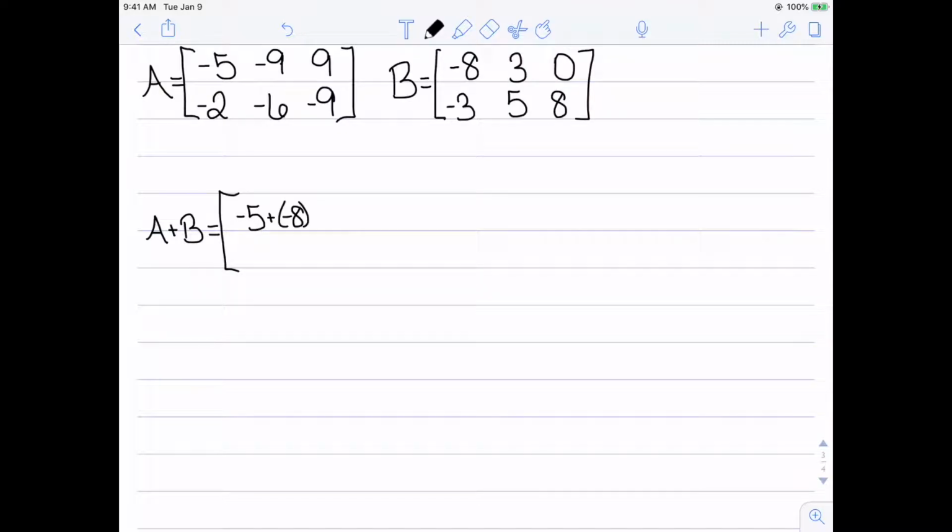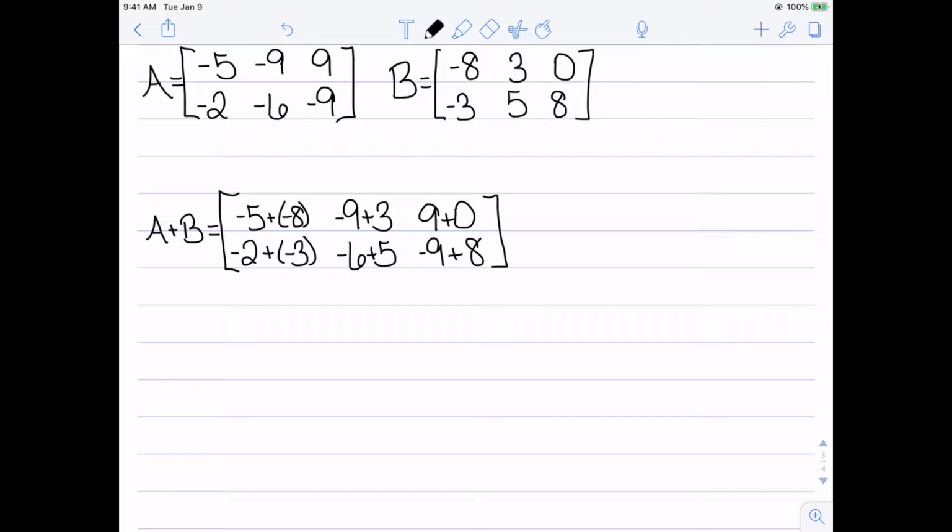First row, second column would be -9 plus 3. First row, third column is 9 plus 0. I then move down to the second row. Second row, first column is -2 plus -3. Second row, second column would be -6 plus 5. And then finally, second row, third column is -9 plus 8.